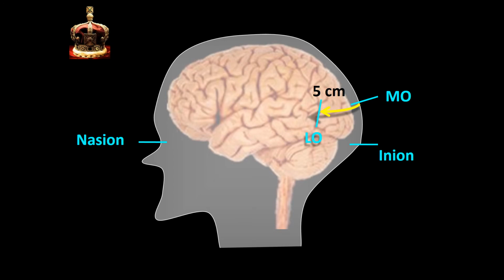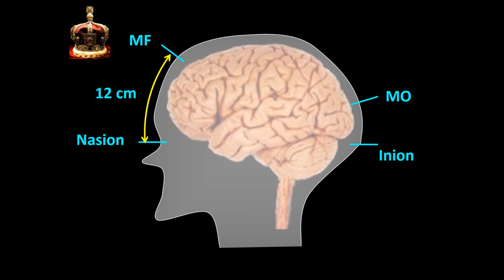From this spot, we go 5 centimeters forward at the same level and mark another spot. This spot is labeled LO for left occipital. Then we go forward 5 centimeters more and label that spot LT for left temporal.